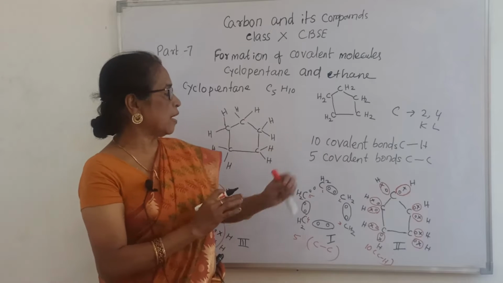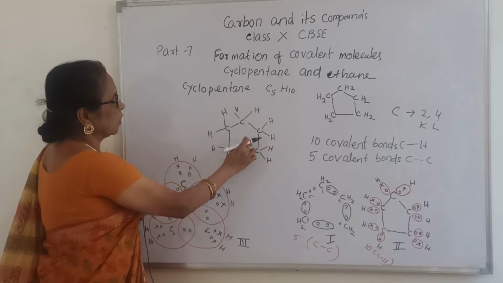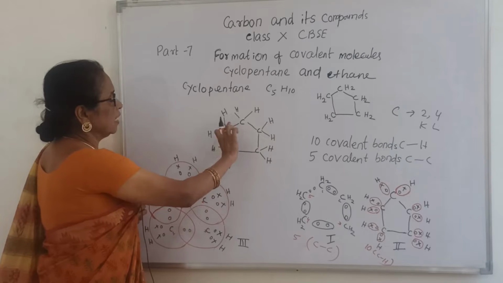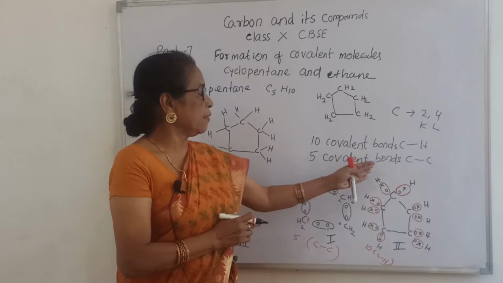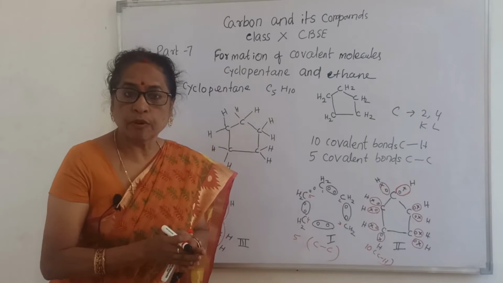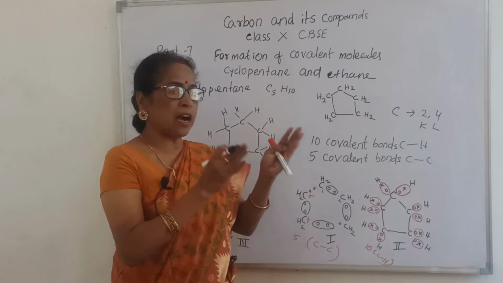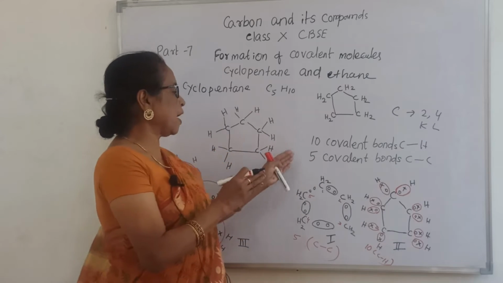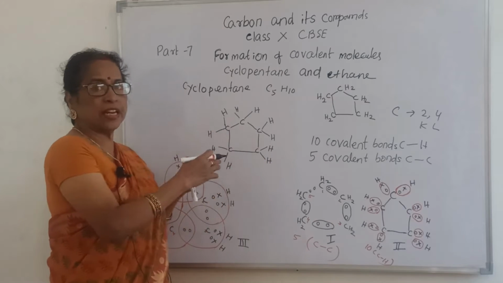Then 5 covalent bonds between C and C, as you see here, this C, again one C. So there are 5 covalent bonds formed between C and C. Totally, 15 covalent bonds: 10 are CH and 5 are CC. When you remember it like this, you can feel it is easy.